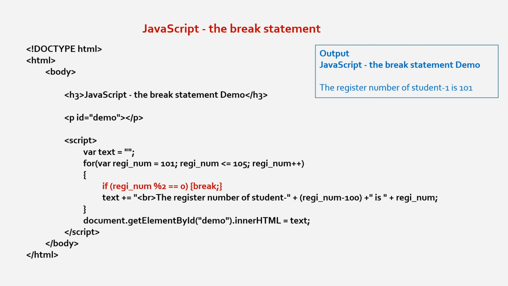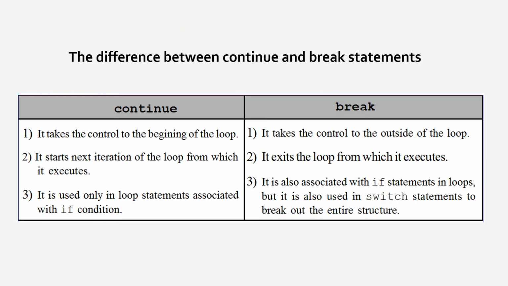Anyway, in the table we will discuss that comparison, and this is just for understanding only. Let us discuss the differences between continue and break statements. In the case of continue, it takes the control to the beginning of the loop, whereas the break statement takes the control to the outside of the loop.